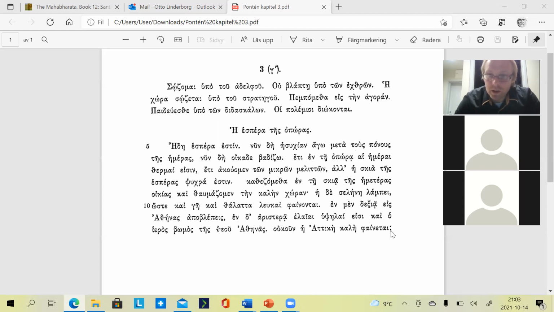And then it's actually supposed to be a question. This semicolon-like sign in Greek texts marks a question. So it's actually a question: therefore Attica appears or seems beautiful? So maybe it could even be translated as, does not Attica then appear or seem beautiful? Don't you think?